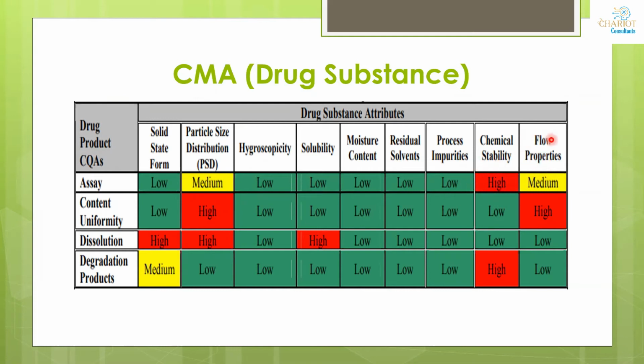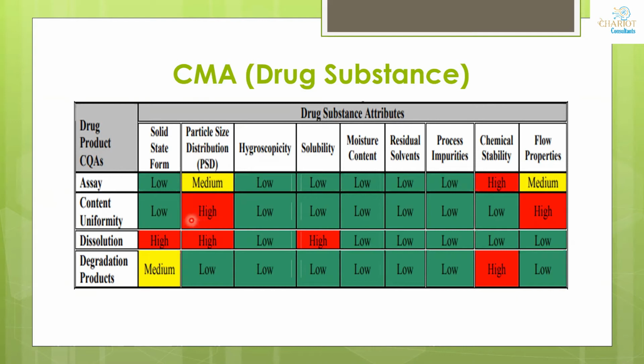Similarly, flow properties. If you are using a direct compression process and the flow properties of your API are not proper, the risk on assay values will be medium based on your FMEA. Now the particle size distribution on content uniformity.